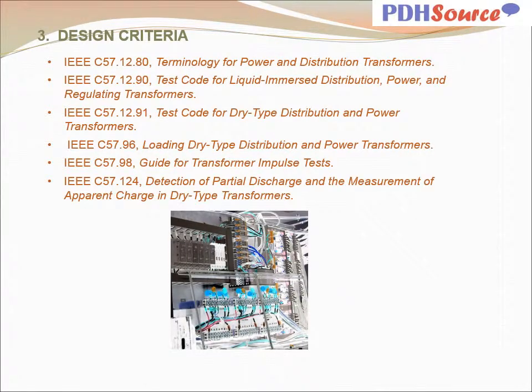IEEE C57.12.80 terminology for power and distribution transformers, IEEE C57.12.90 test code for liquid immersed distribution, power and regulating transformers, IEEE C57.12.91 test code for dry type distribution and power transformers, IEEE C57.96 loading dry type distribution and power transformers, IEEE C57.98 guide for transformer impulse tests, and IEEE C57.124 detection of partial discharge and the measurement of apparent charge in dry type transformers.